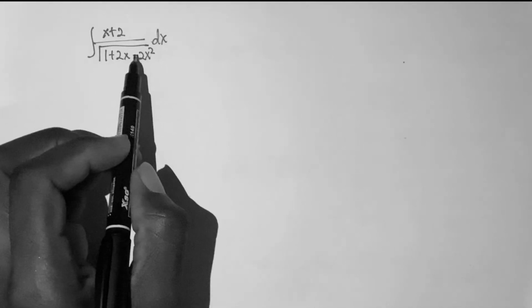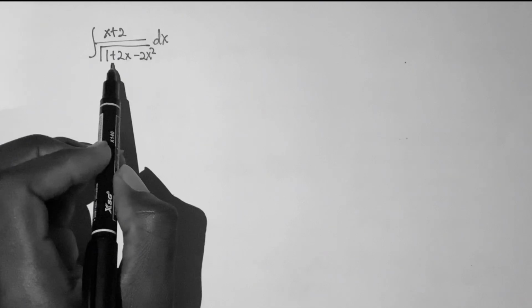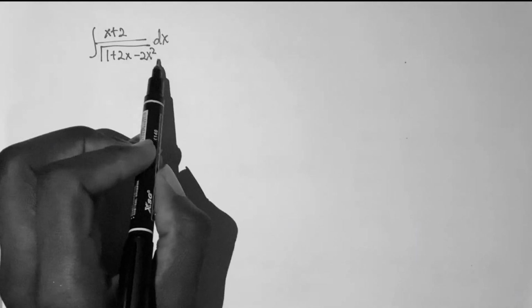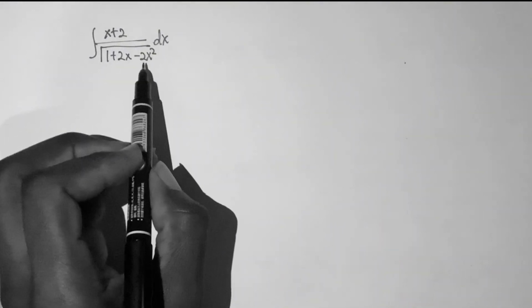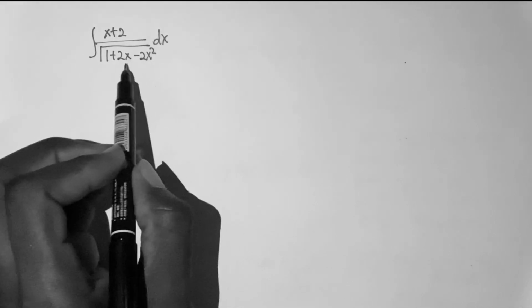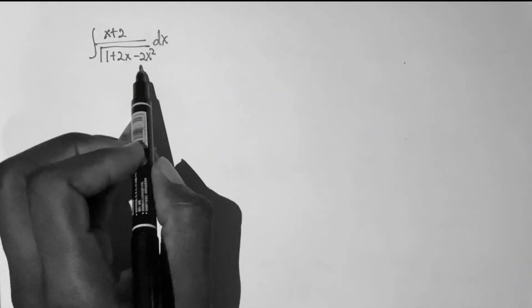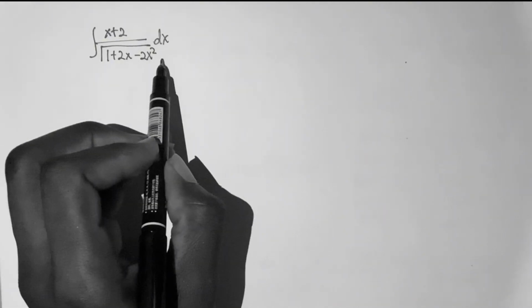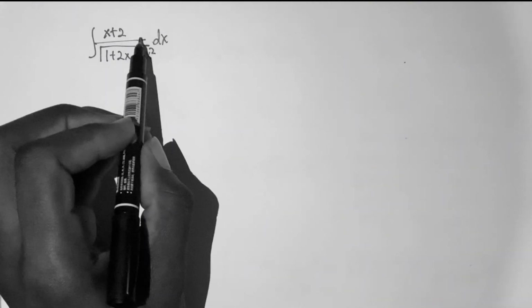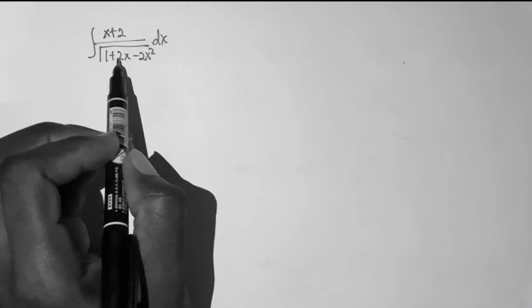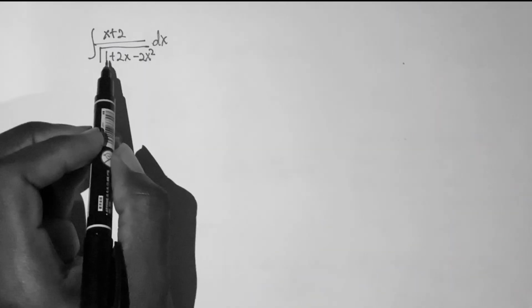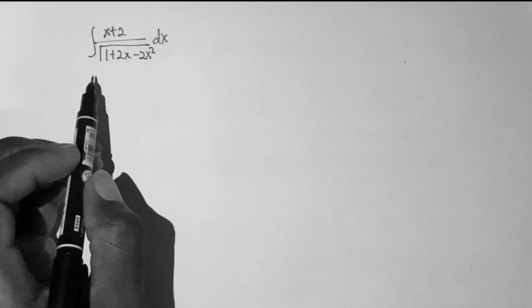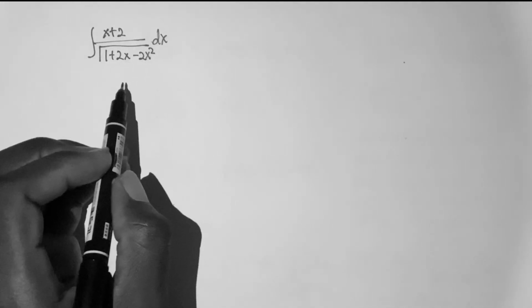Integrate x plus 2 divided by the square root of 1 plus 2x minus 2x squared dx. Now, when we differentiate the denominator, we are going to get 2 minus 4x, which is different from x plus 2. So it means that we are supposed to express this in a form similar to what we did previously.